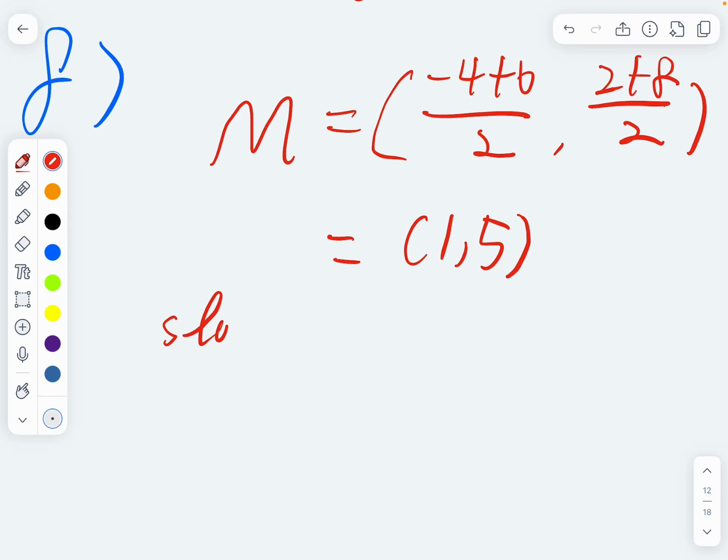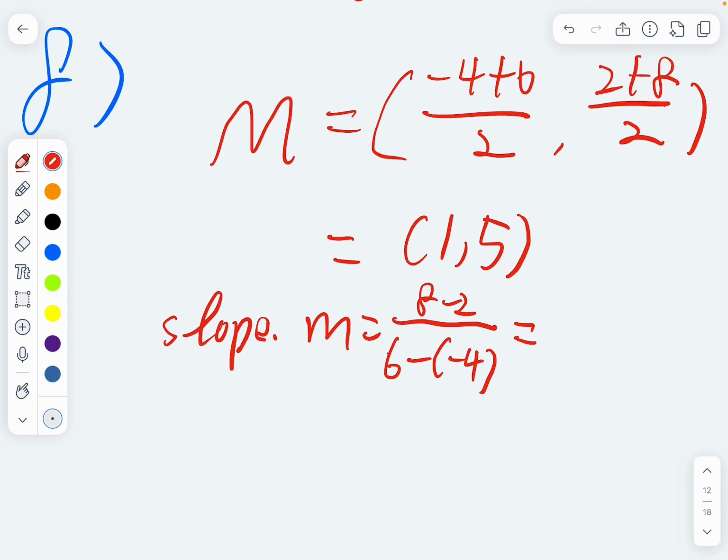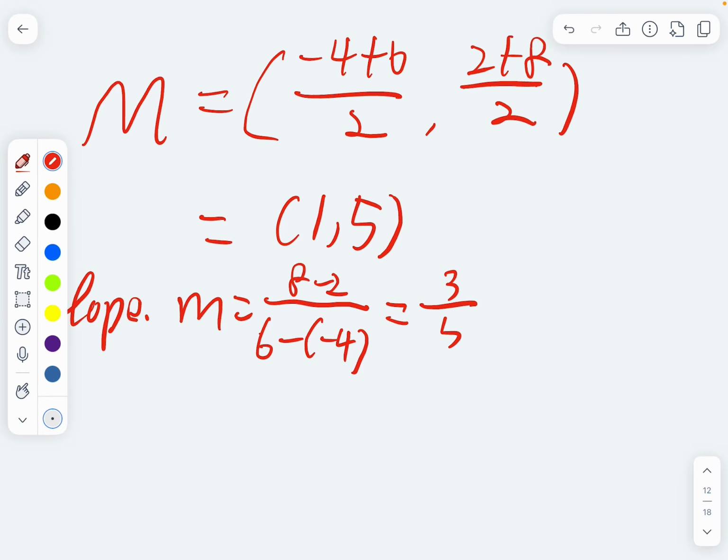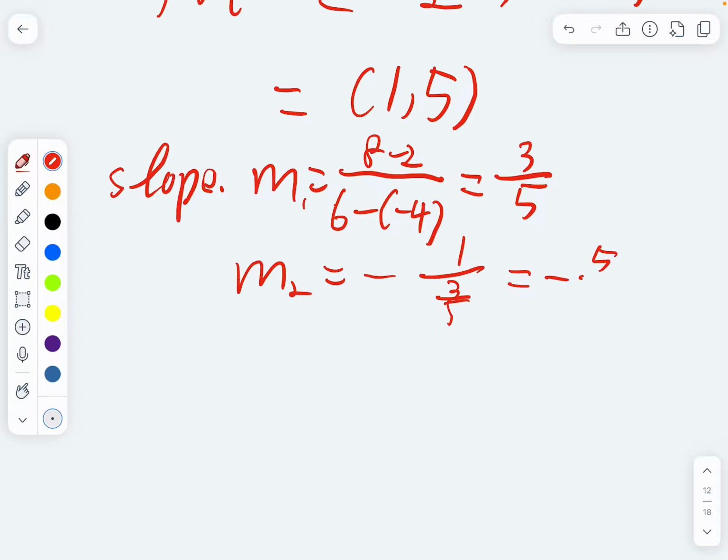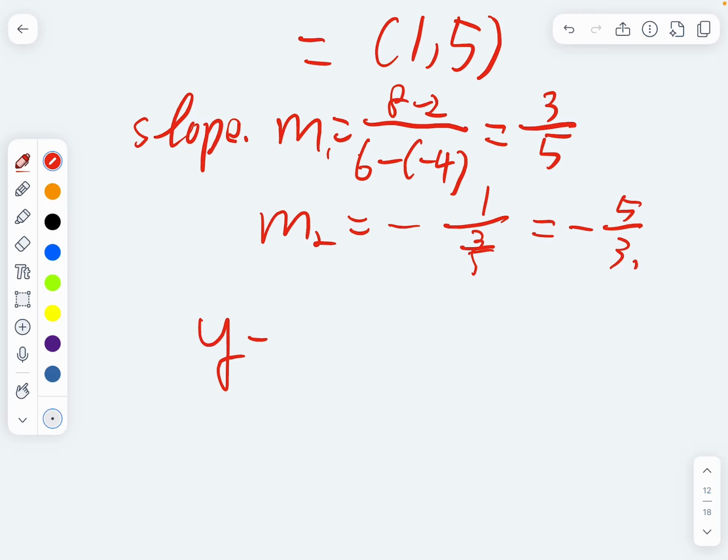Calculate the slope of AB: 6 over 6 minus negative 4, equal to 3 over 5. Now m2 equals negative 5 over 3. The equation is y minus 5 equals negative 5 over 3 times (x minus 5).